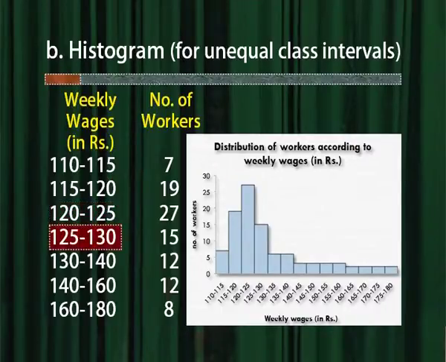The fourth class is also of length 5, but the next class, 130 to 140, has length 10, and again the next class has length 20, and the last class, from 160 to 180, also has length 20. So, here we have classes of unequal length.